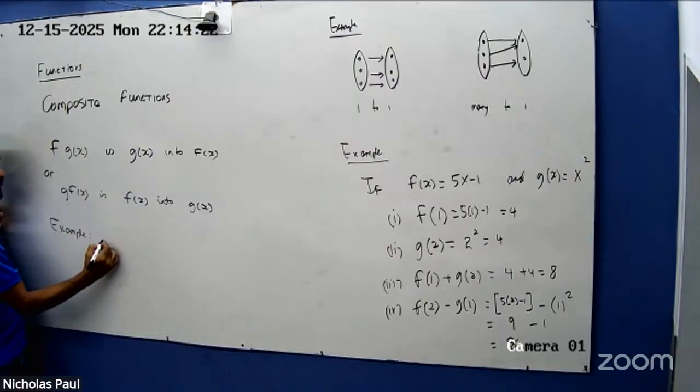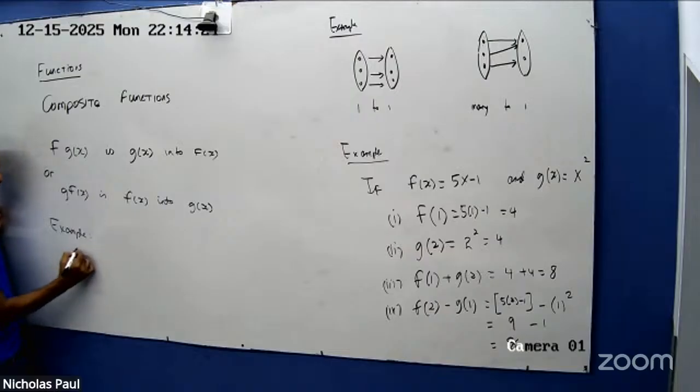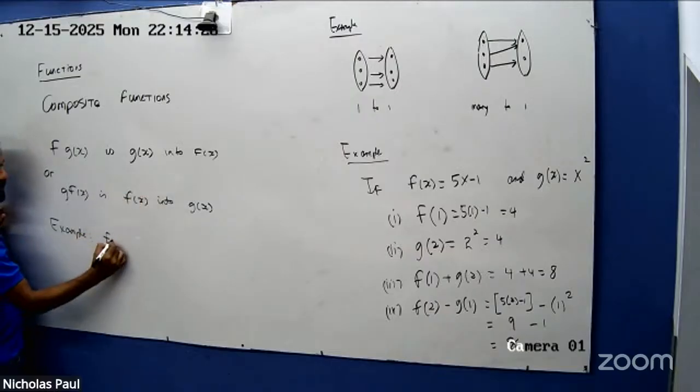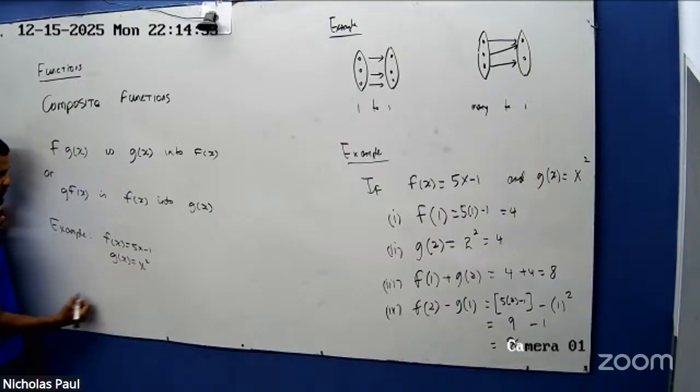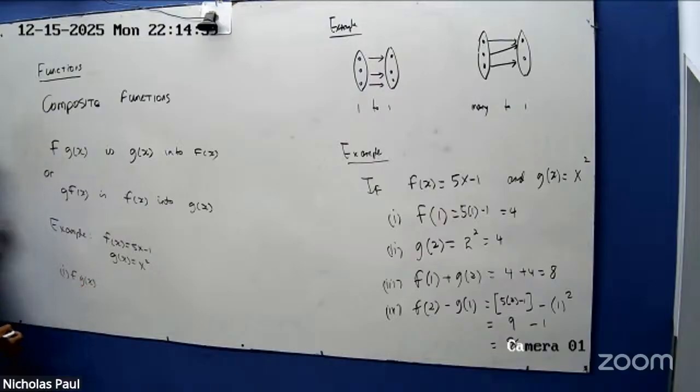So the example I am using, back to the original thing that we have there: f of x is 5x minus 1, and g of x is x squared. So the first thing I want us to find is f of g of x. Ready?